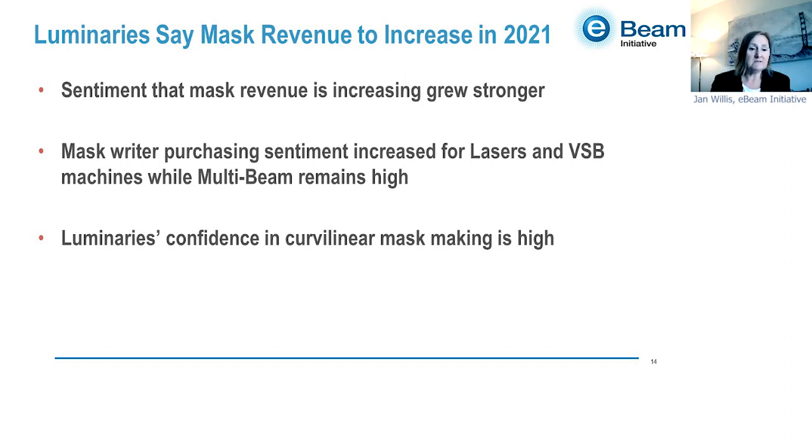The luminaries are also quite positive that the purchasing will increase over the next 3 years for lasers and BSB machines, while multi-beam purchasing will remain very high. And then finally, in a first attempt at getting a confidence in curvilinear mask making, the luminaries' confidence is very high.